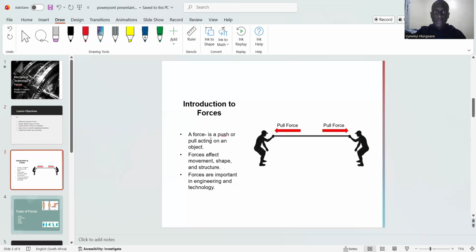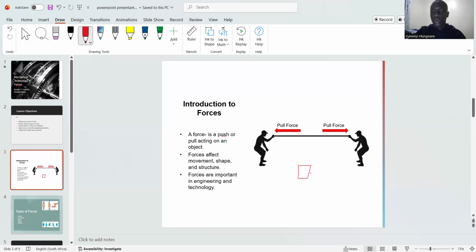A force is a push or pull acting on an object. A force can affect the movement, the shape, and the structure. Let's say we have an object here. That object is stationary.